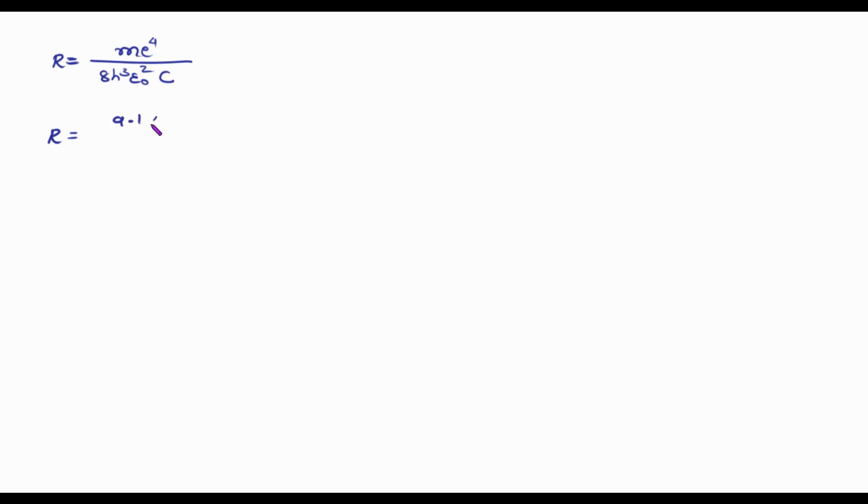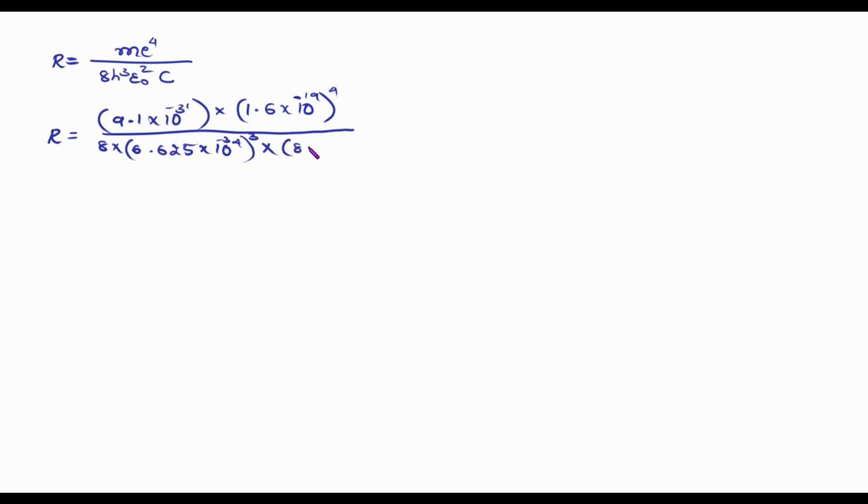So 9.1 into 10 to the power of minus 31 is the value of m, into e is 1.6 into 10 to the power of minus 19, whole to the power of 4, divided by 8 into 6.625 into 10 to the power of minus 34, whole cube, into epsilon naught is 8.854 into 10 to the power of minus 12, whole square, into 3 into 10 to the power of 8, velocity of light.